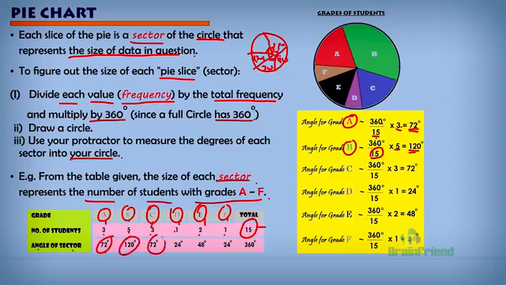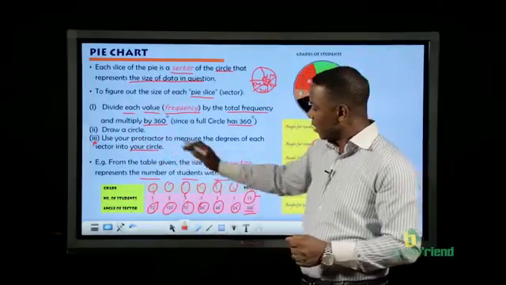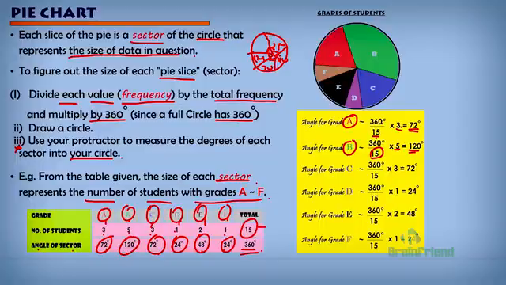And so on. If we did the same for all our grades, we would have all these grades. If we summed up 72 and 120, and 72 and 24 and 48 and 24, we would have a total of 360 degrees. So now that we know the sectors, we can go straight to our third point there, to use your protractor on paper and mark out these degrees. So you can draw this on your paper.